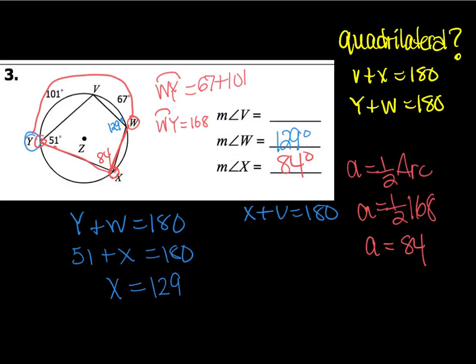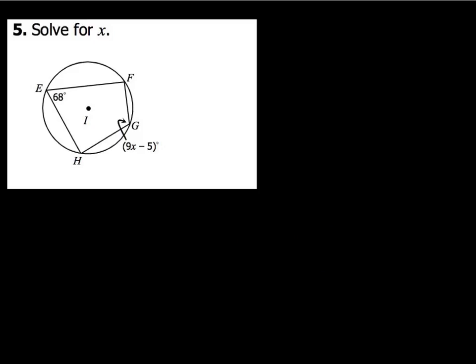It's across from angle V, and so we know that X, which is 84, plus V, which we don't know, is equal to 180. And when we solve, we get 96 degrees. This particular problem says to solve for X. I notice a quadrilateral inscribed inside of a circle, so I know opposite angles are going to be supplementary.